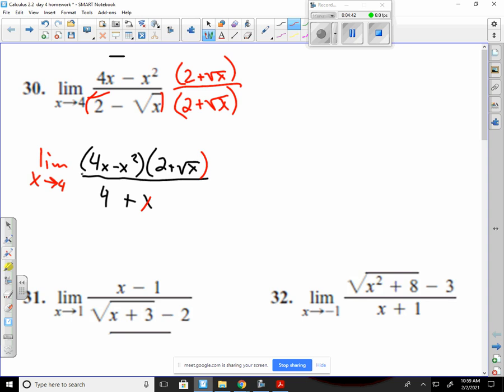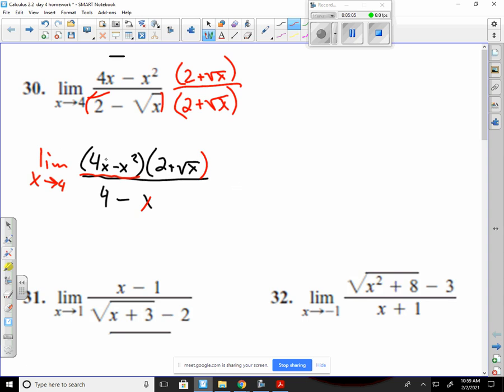From here, if I look at this first term in the top, it's 4x minus x squared, which means there's an x in both of these terms. This should be a minus x, because it's negative square root of x times the square root of x.